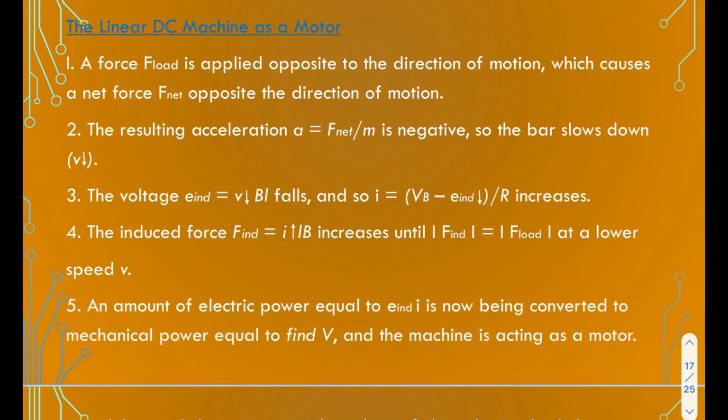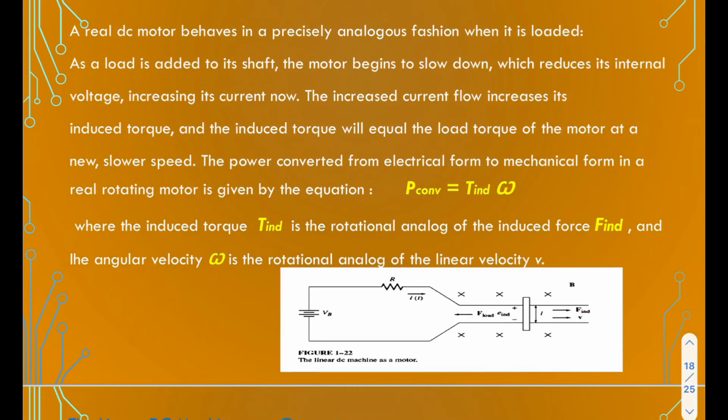Again, here for the linear DC machine as a motor, you have to follow the steps here again. So a real DC motor behaves in an analogous fashion when it is loaded. As a load is added to its shaft, the motor begins to slow down, which reduces its internal voltage, increasing its current.